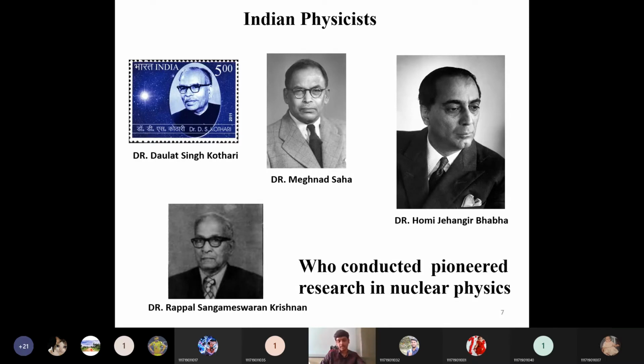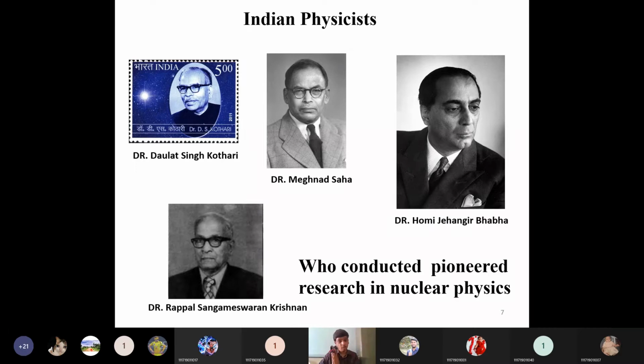You might be aware, whenever you are learning physics, your physics sir may be telling you about Meghnad Saha, and the Saha Institute of Nuclear Physics, which is in Calcutta, named after this person only, Dr. Meghnad Saha. He is also one of the pioneer members to conduct research in nuclear physics.